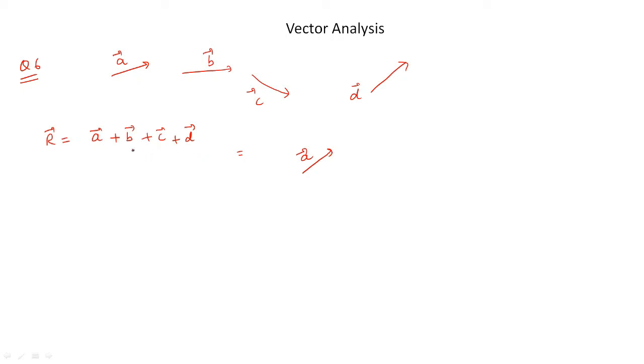Then we will add vector B to vector A. So we will start from the head of the vector A. So this is your vector B. This is the tail of the vector B and this is head of the vector B. Now we will draw the vector C. So this is your vector C. This is the tail of the vector C and this is head of the vector C. Then we will draw the vector D. So vector D is in this direction.